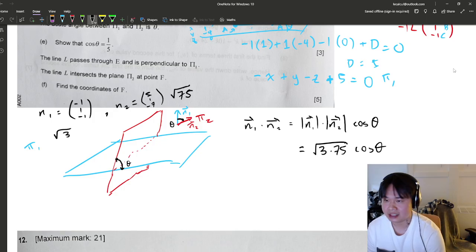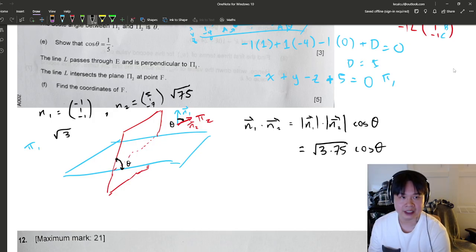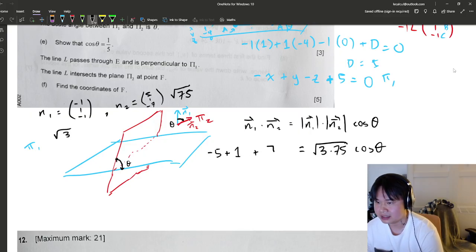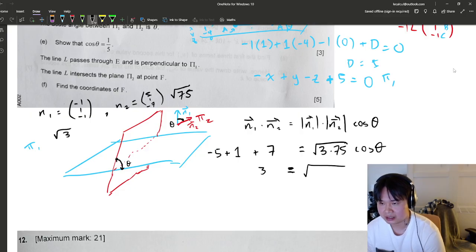And on the left side, we're going to calculate the dot product by multiplying the components together and then adding them up. So we have negative 5 plus 1 plus 7, so 3 equals. Then I'm going to simplify this: 3 times 3 times 25.